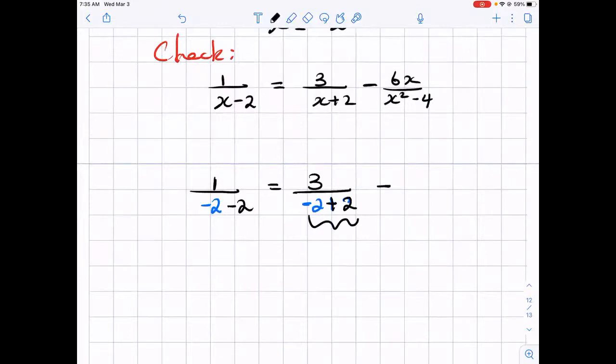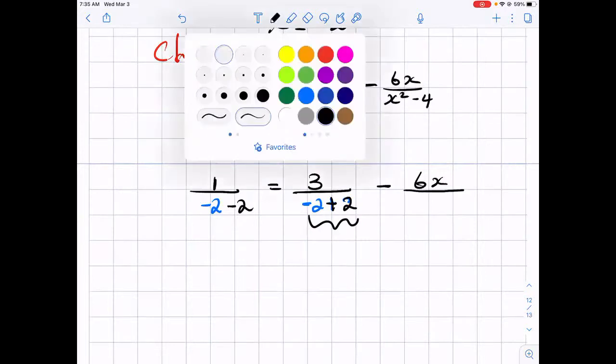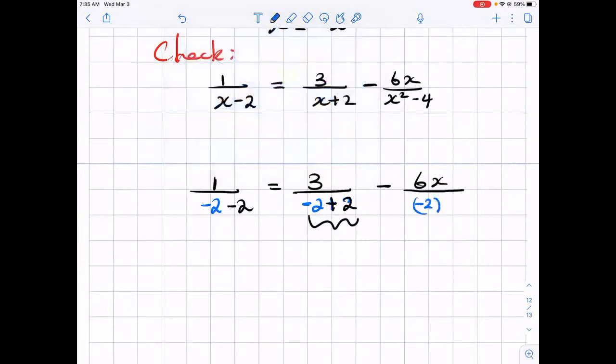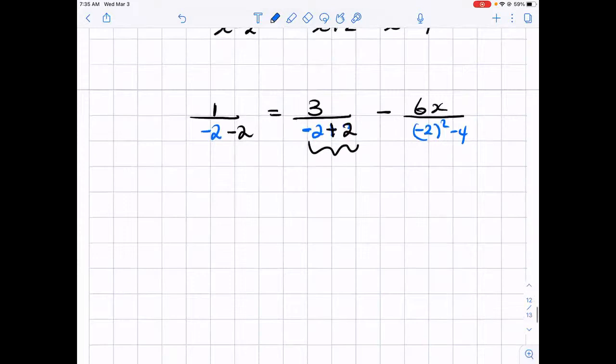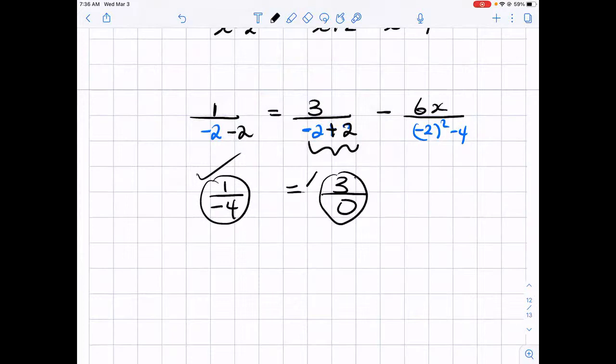You can stop immediately. So here we're good. 1 over minus 4, this is good, equal to 3 over 0. This is a problem. We cannot have 0 in the denominator, and this is also a problem.